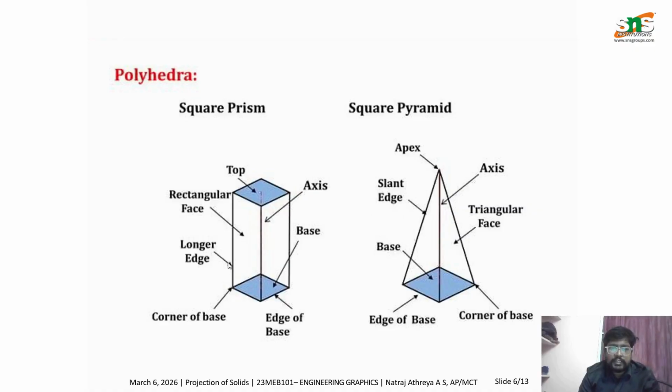Here the edges are perpendicular to the base, but here they angle towards the axis. From each edge it moves on towards the apex, similarly from all the edges. So here it is a rectangular face, but here it will always be triangular faces.